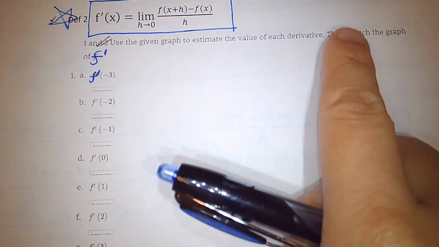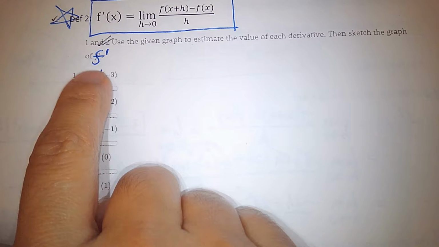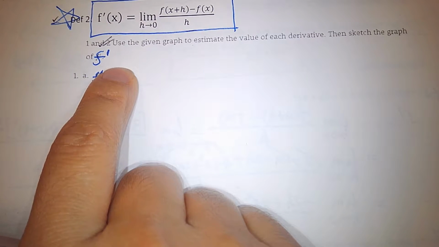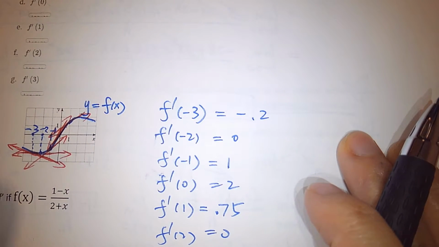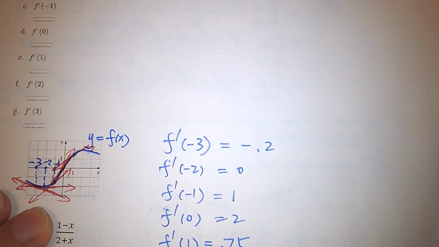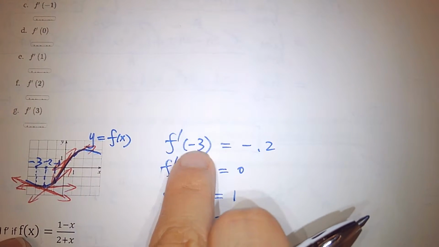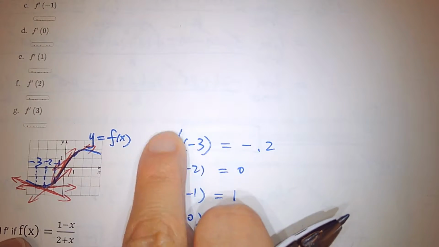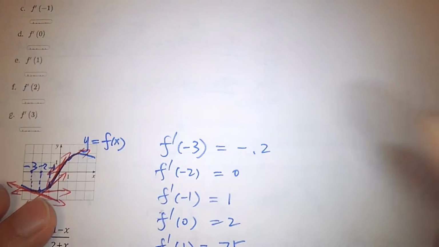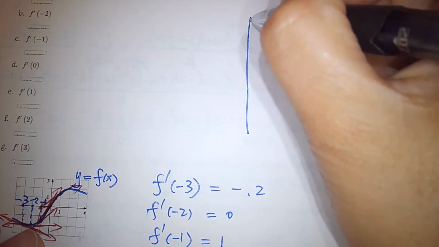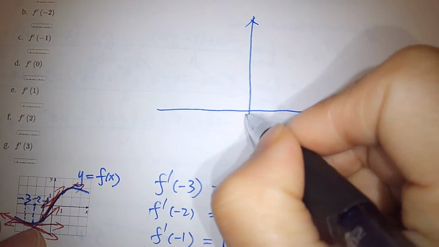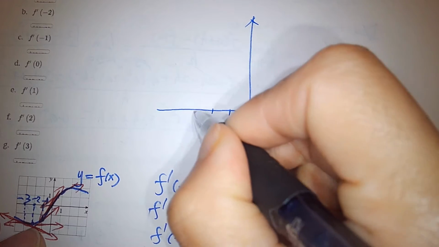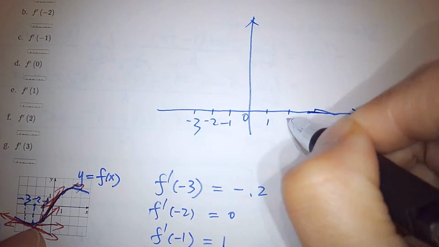All right, we're not done yet. Sketch the graph of f prime. So how do you sketch the graph of f prime? When x equals negative 3, f prime equals negative 0.2. If we're going to draw a picture, we mark 0, negative 1, negative 2, negative 3, 1, 2, and 3.